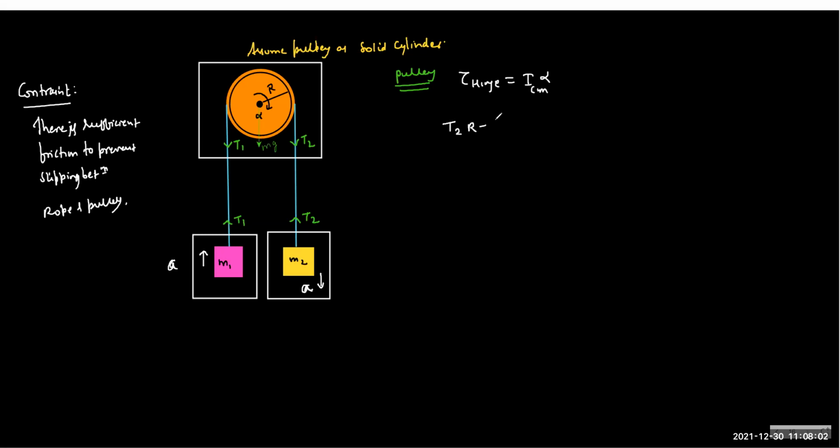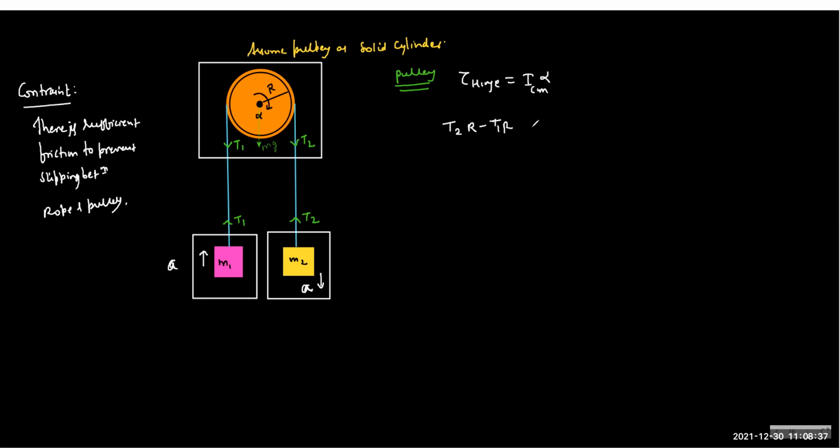It's T2R minus T1R, correct? Why is it minus? Because T1 is trying to turn anti-clockwise and T2 is trying to turn clockwise, and I'm assuming that turning is clockwise, because I'm assuming M2 is going down. This is my assumption. You can assume the other way around. It doesn't matter. So T2R minus T1R.